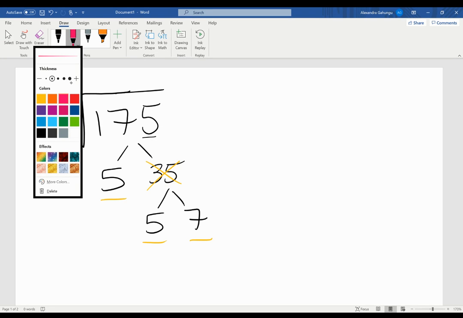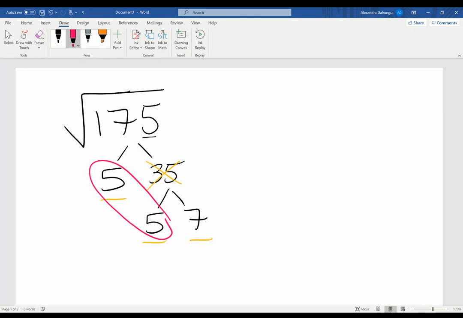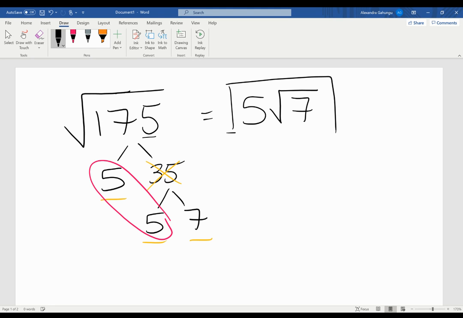We have that 5 has a buddy, so it can leave the house, and then I'm left with 7 that can't leave the house. So 5 can leave the house because it had a buddy. 7 can't leave the house because it didn't. And that's our simplified radical right there. Hopefully that helps.